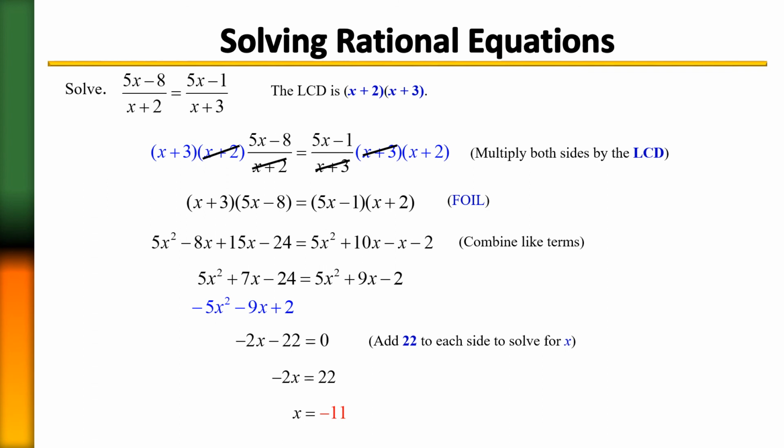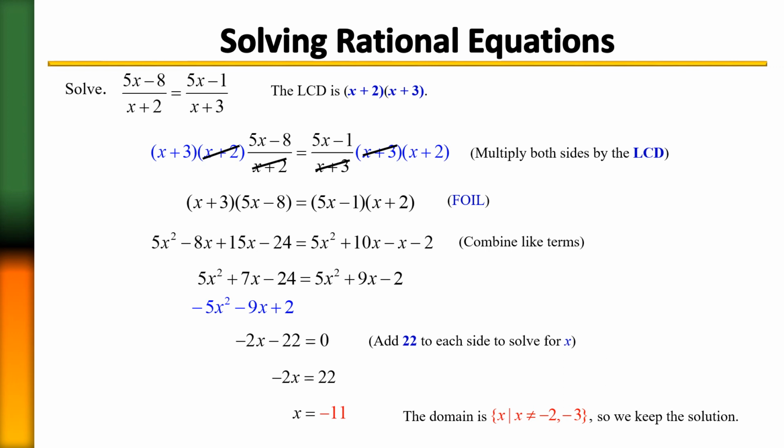What would make that denominator of x plus 3 undefined? If you said negative 3, then that's correct. So in other words, negative 2, negative 3, those would be the two numbers that would make the bottom undefined. If our solution were those two numbers, we would have to throw it out.